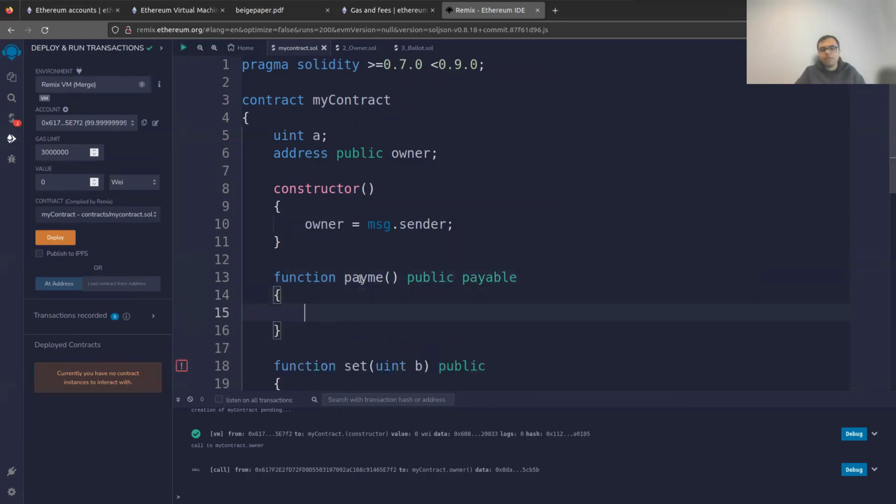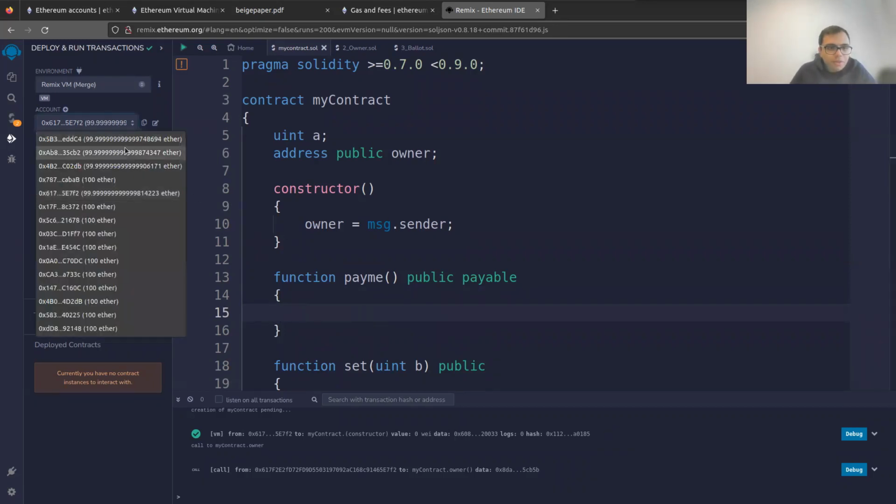Payable means that whenever you're calling this function, you can also include some money that will be paid to this contract. Okay, and let's say this function doesn't do anything, so it's just used to pay the contract. So I'm going to deploy this contract.